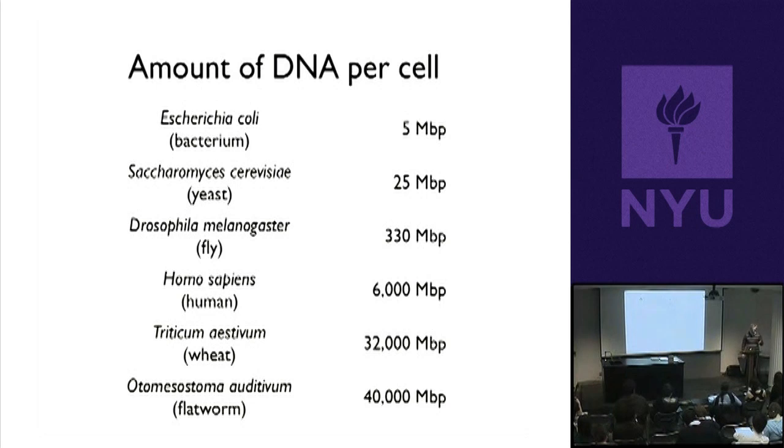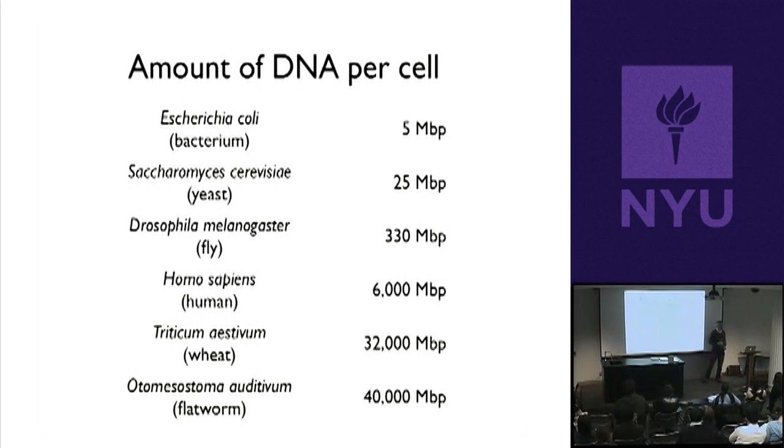So here's a quick rundown of some of the more famous organisms. E. coli, that's this, right? The diameter of each one of these cells is about 1/1,000,000th of a meter. Each cell contains 5 million base pairs of DNA.